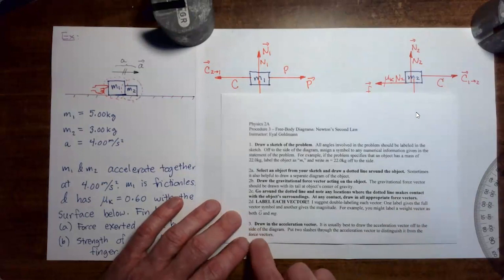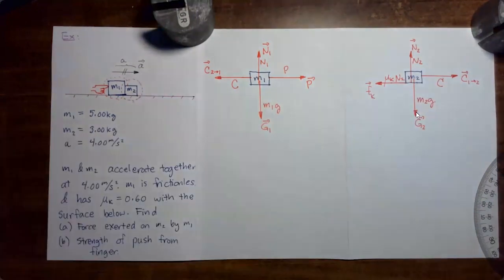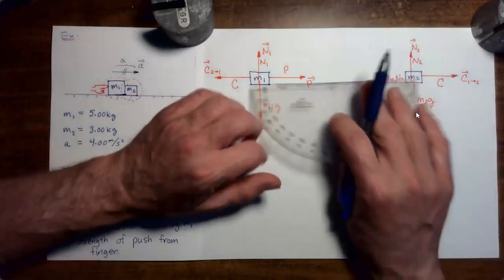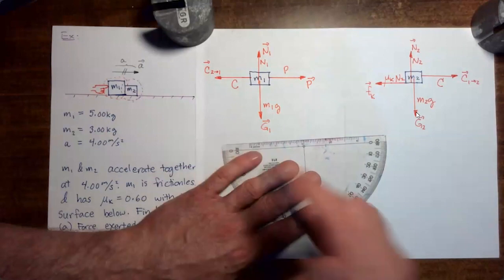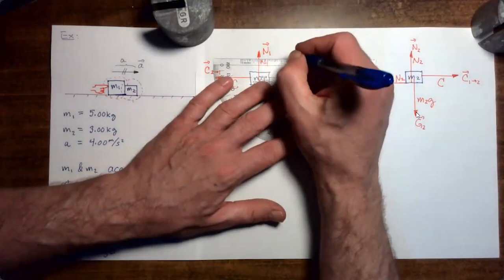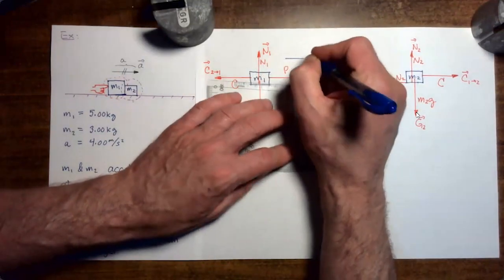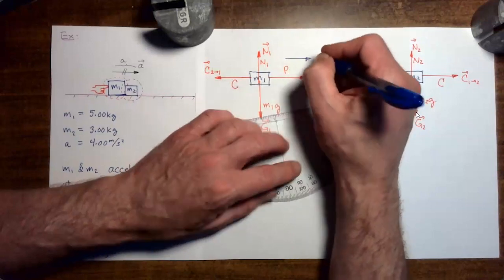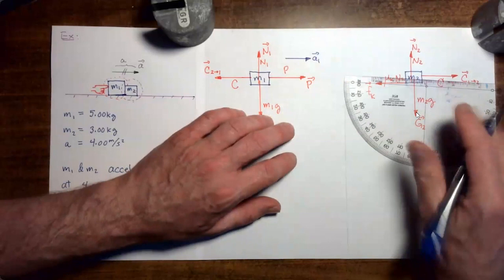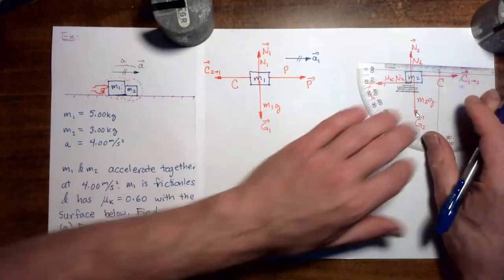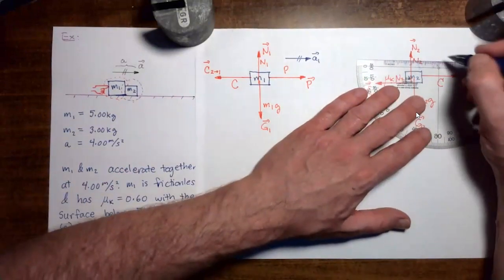Next step would be step 3 to draw in the acceleration vector. Let's do that for both of the masses. Now, the two masses have exactly the same acceleration as each other. So for mass 1, I'm going to put in an acceleration vector. I will call that A1. For mass 2, I will put in the acceleration vector.